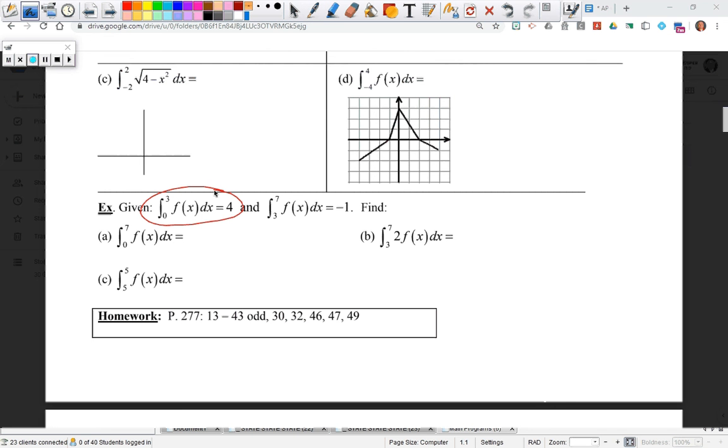If from 0 to 3 is 4, with me? And from 3 to 7 is -1, what's the answer to A? 3.